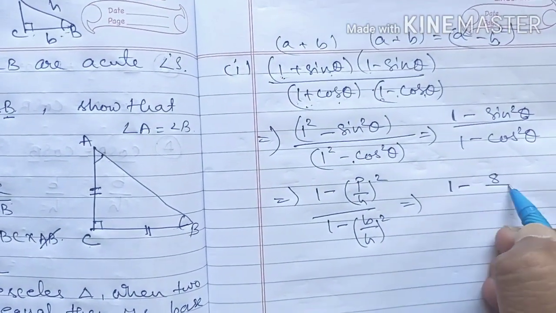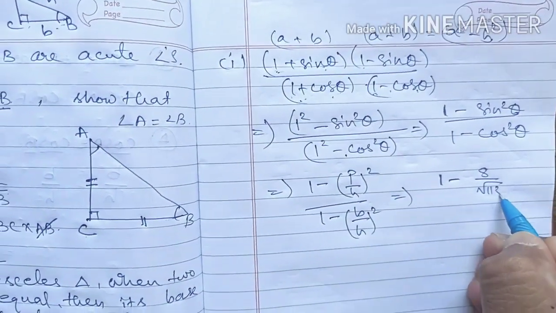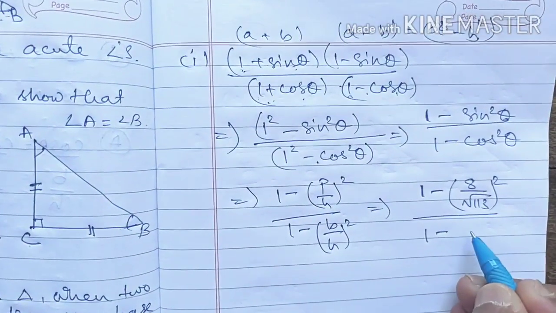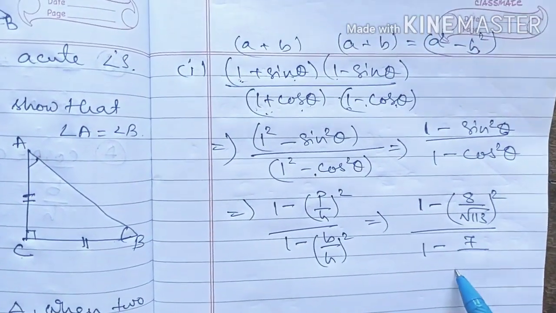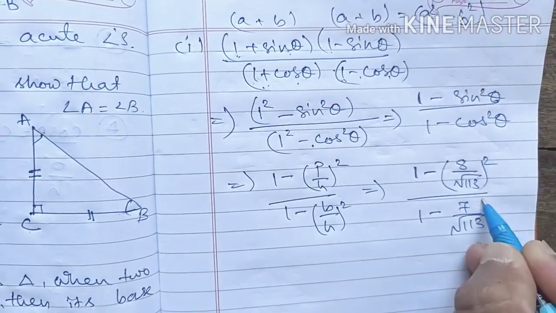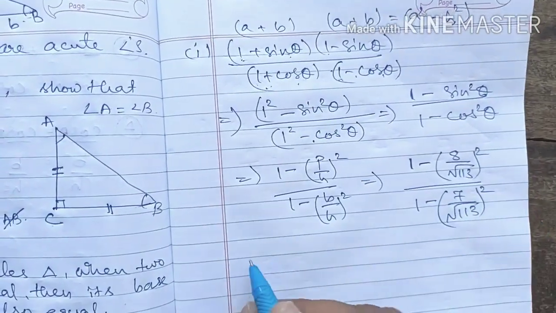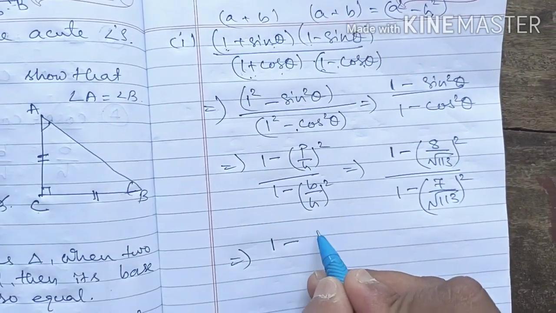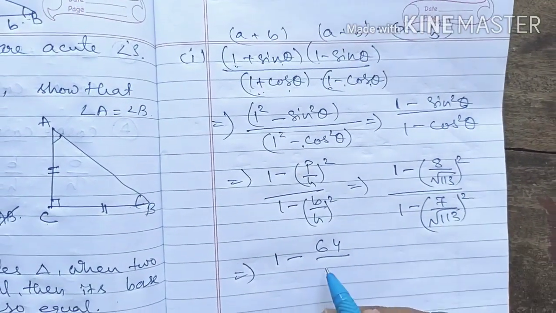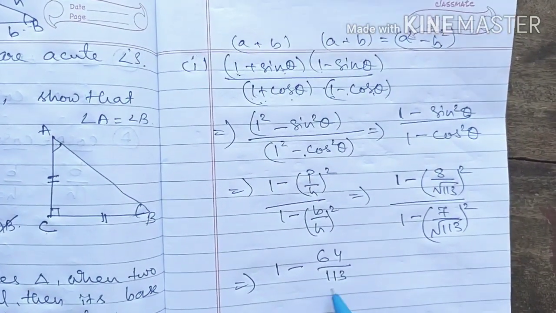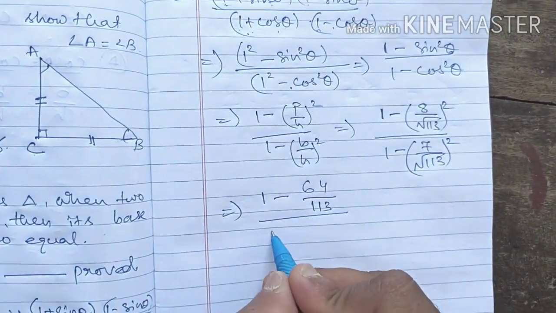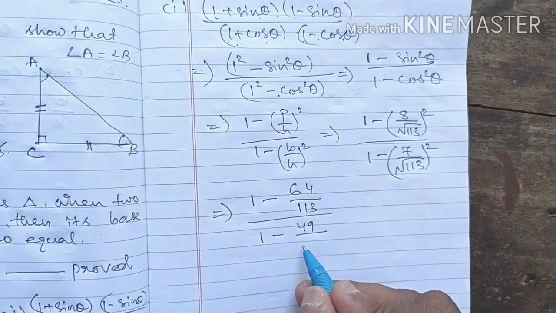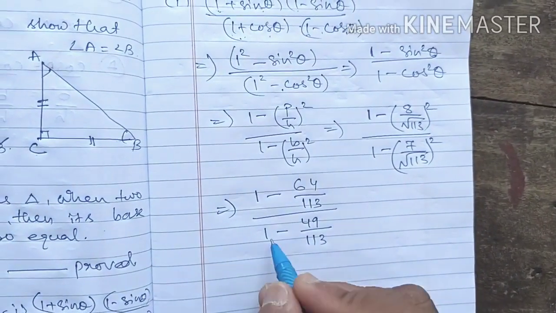P is 8, H is root over 113, whole divided by B is 7, H is root over 113. 1 minus 8 square is 64, root over of 113 is 113, because square and root over will be cancelled. 1 minus 7 sevens are 49, root over of 113 is 113.